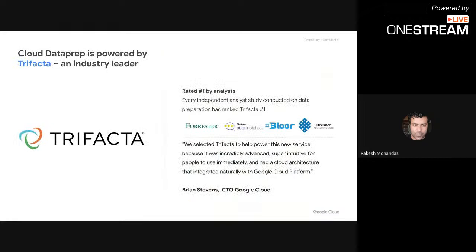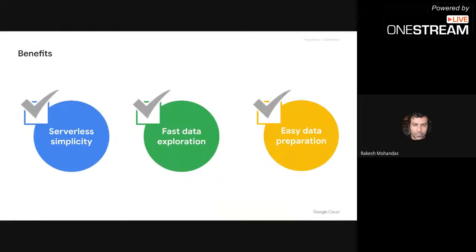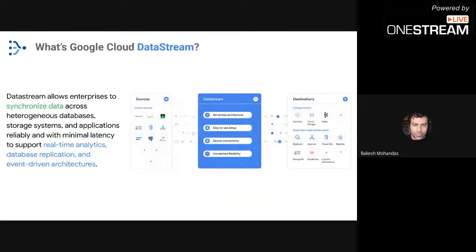So it is a tool that is powered by Trifacta, which is the industry's leading data prep tool. It provides three simple things. It's purely serverless. You can quickly do fast data exploration because it's all UI driven. It provides assistance for doing it, and it's easy for any kind of data preparation.